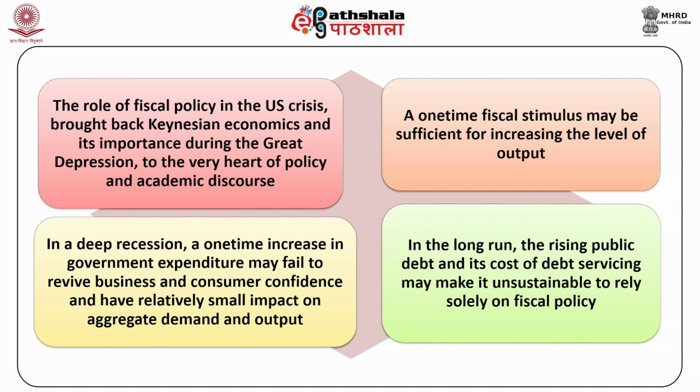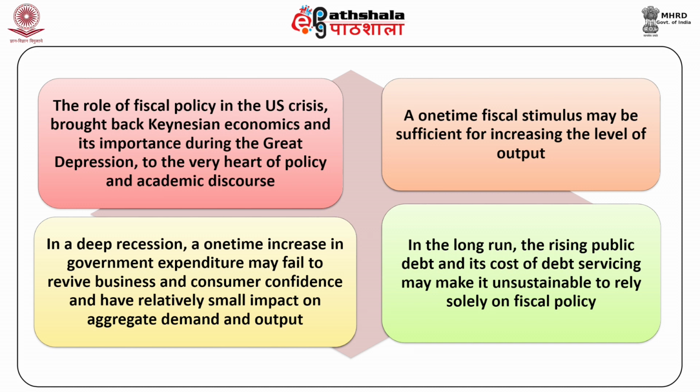Under normal circumstances, a one-time fiscal stimulus may be sufficient for increasing the level of output. But in a deep recession, a one-time increase in government expenditure may fail to revive business and consumer confidence and have a relatively small impact on aggregate demand and output. In such cases, the government will have to continuously incur several rounds of expenditure hikes to boost economic activity.